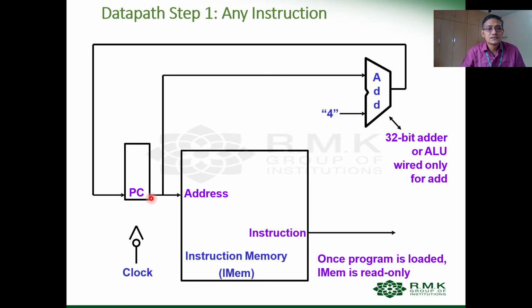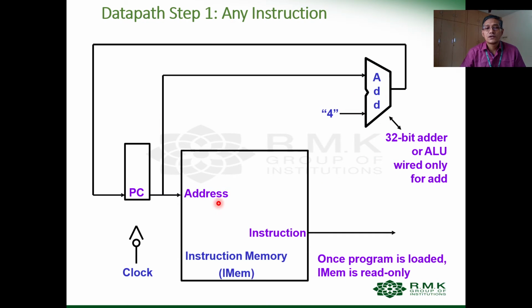Once the PC is accessed by the processor and the instruction is fetched, the PC will be incremented by 4, so the PC will hold the location of the next 32-bit instruction where the corresponding execution should start. This is the 32-bit adder.